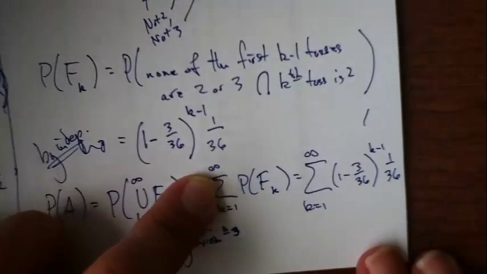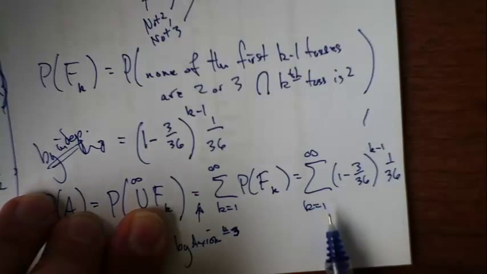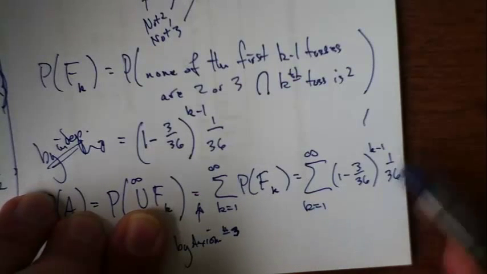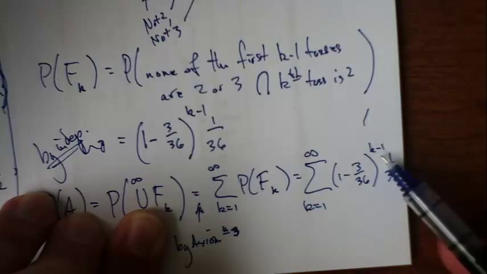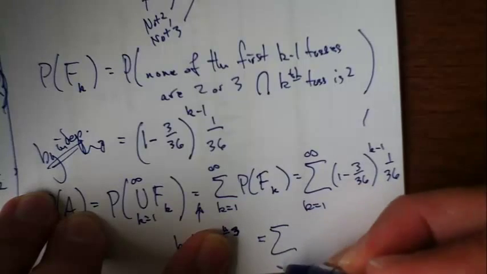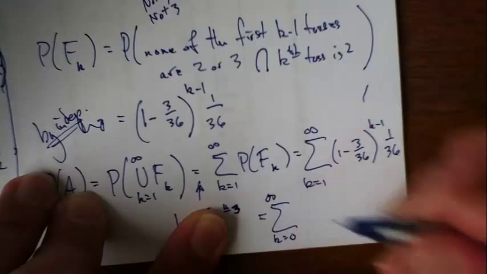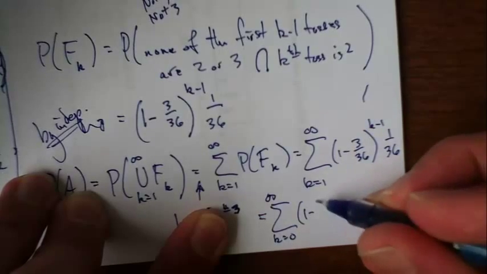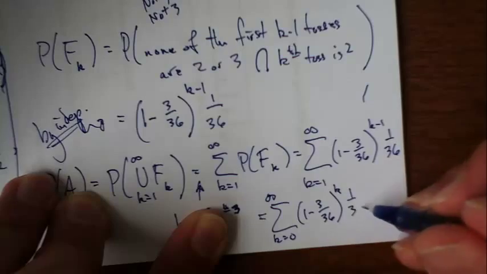So here's that infinite sum I need to deal with. It's not so bad. Note that if k is 1, then this exponent is 0, so I can change the indexing and go from k equals 0 up to infinity of 1 minus 3 out of 36 raised to the kth, times 1 out of 36.